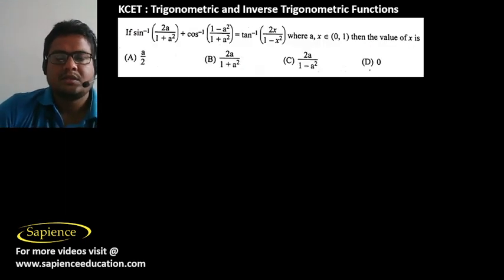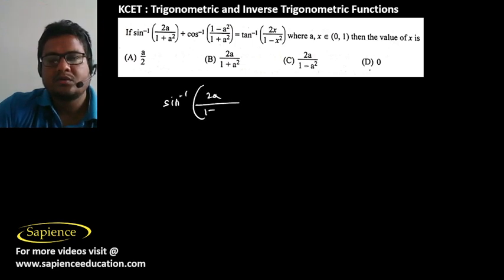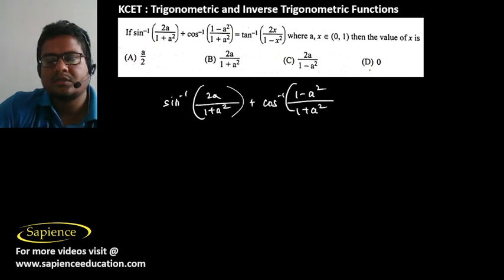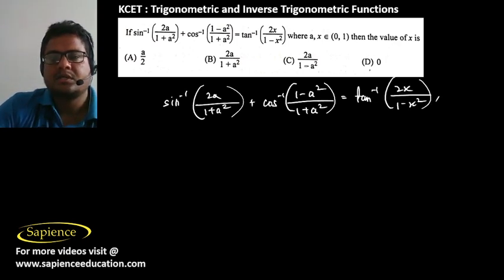Then here it is told, if sine inverse of 2a by 1 plus a square plus cos inverse of 1 minus a square by 1 plus a square is equal to tan inverse of 2x by 1 minus x square, where a, x belong to 0 to 1, then the value of x is.